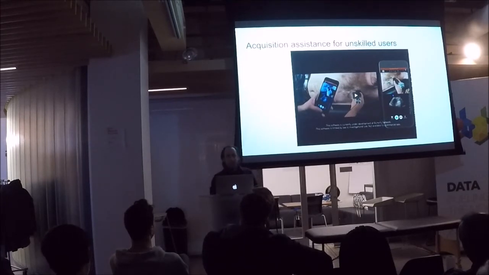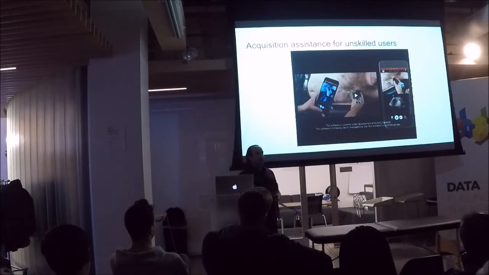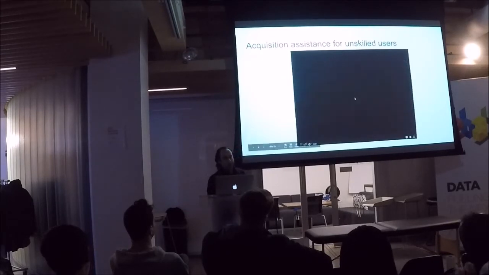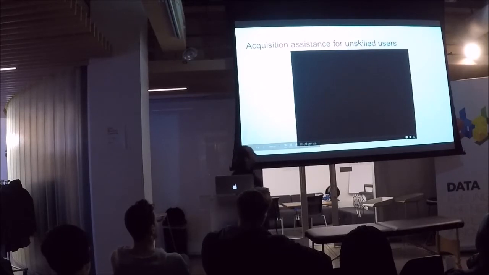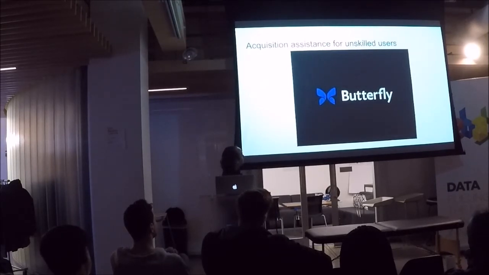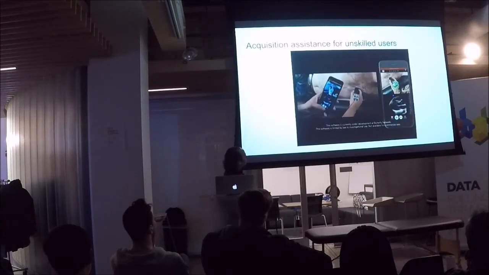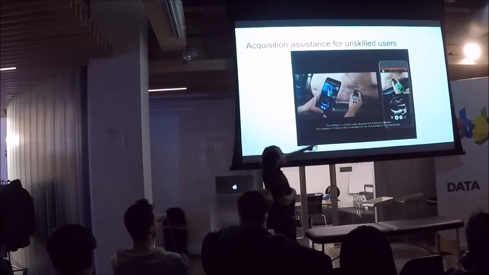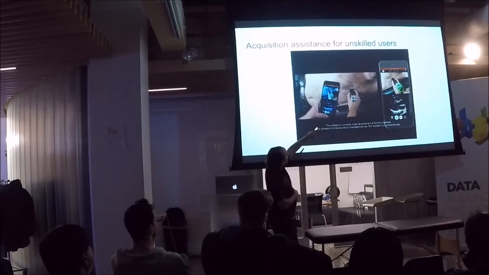So what we've built is a system that can indicate to a user, through, in this case, an augmented reality interface, exactly how to move the probe in order to acquire a diagnostically relevant image. What you're seeing here on screen is an operator moving the ultrasound probe.